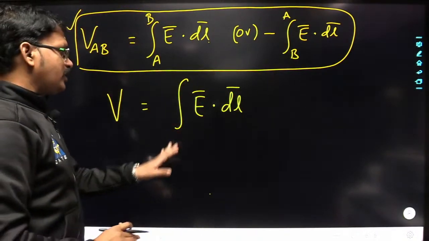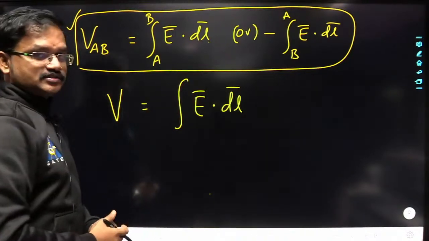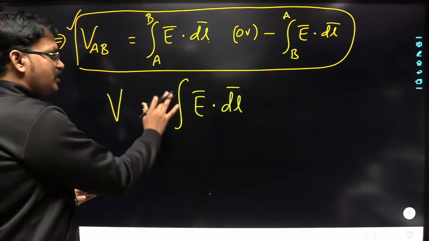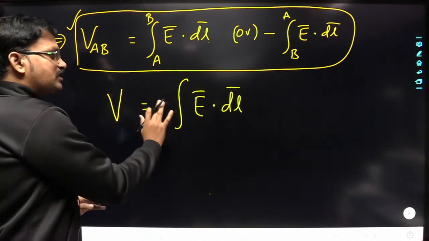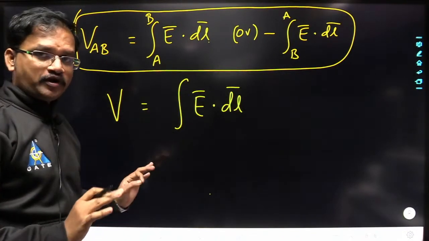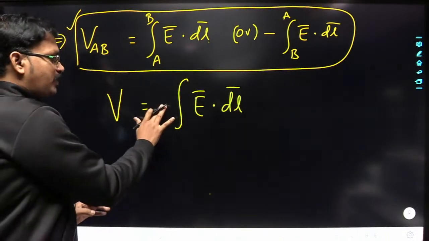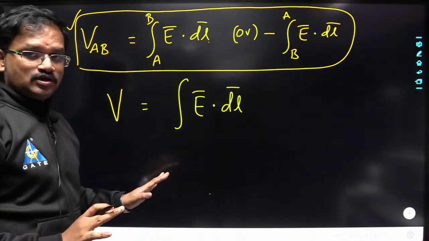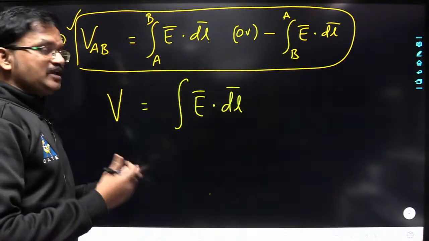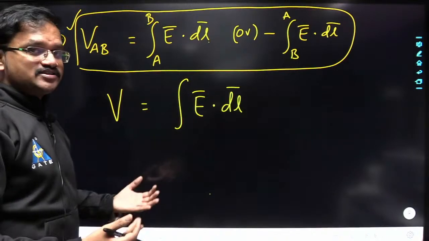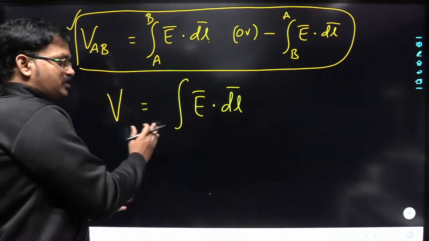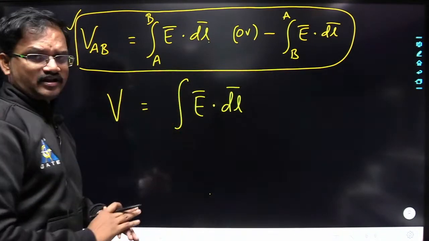Understood? So now here I am not representing any limits. So in this case, whether you have to write a plus sign or a minus sign, we don't know that. Yes or no? So it may be plus or it may be minus. Understood? So we are trying to get the exact relation between the potential and electric field here.